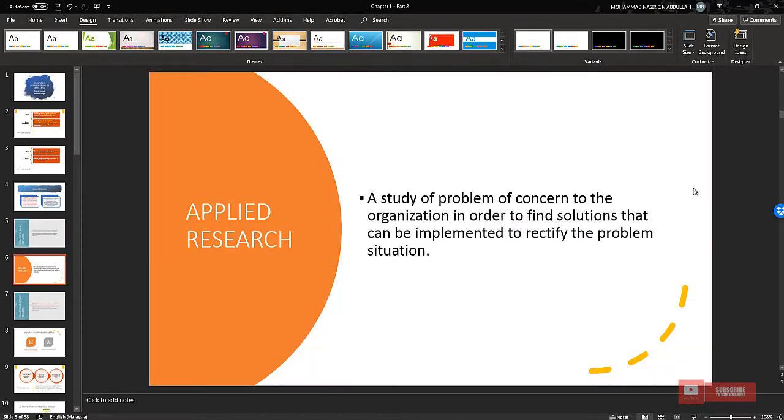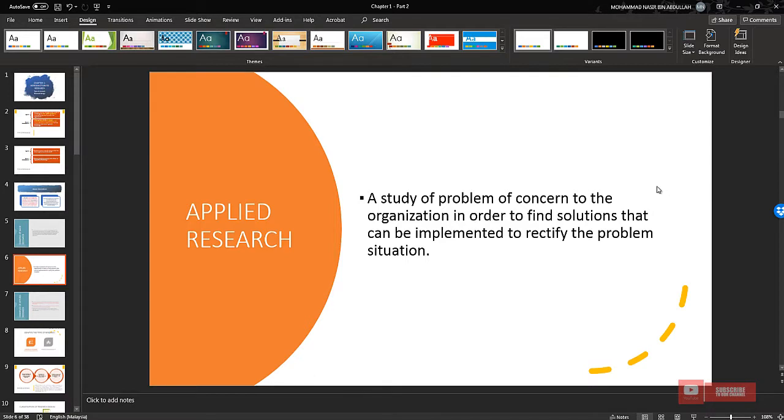Now let's look at another type of research, which is applied research. As we know, applied research is a study of problems concerning organizations in order to find solutions that can be implemented to rectify the situation.